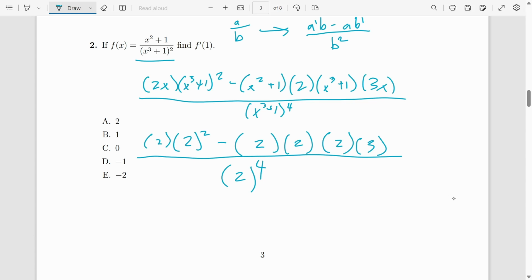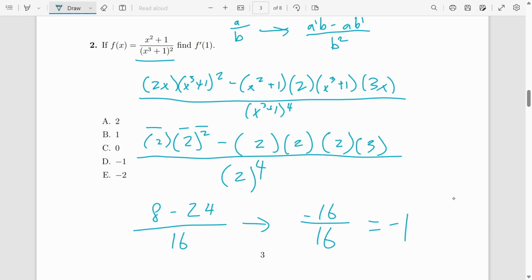Simplifying further, we get 2 times 2 times 2, which is 8, minus 2 times 2 times 2, which is 8, times 3, which is 24, all over 2 to the fourth, which is 2, 4, 8, 16. And then this becomes negative 16 over 16, which equals negative 1.